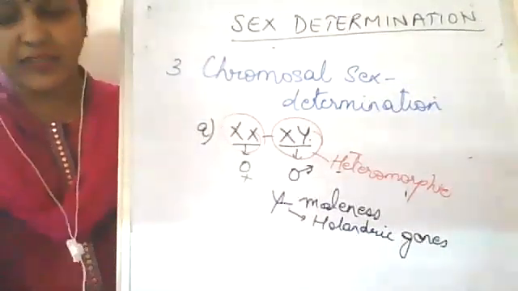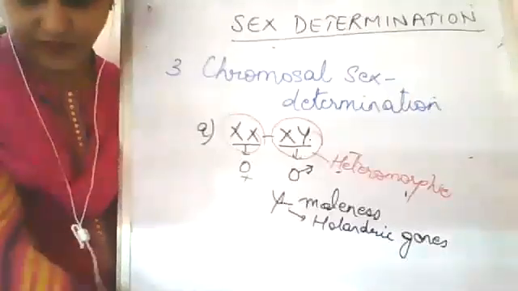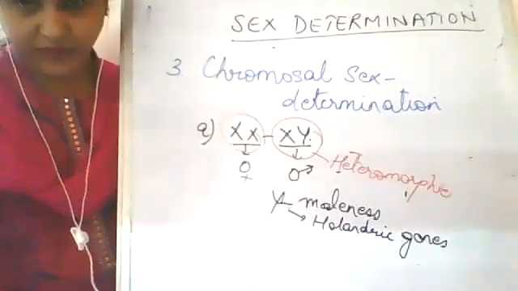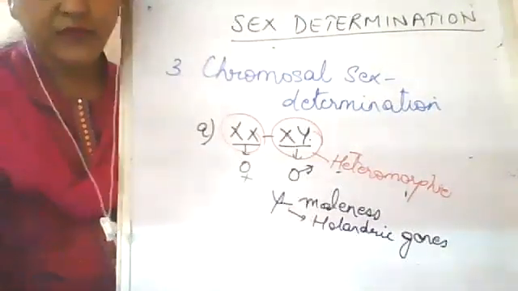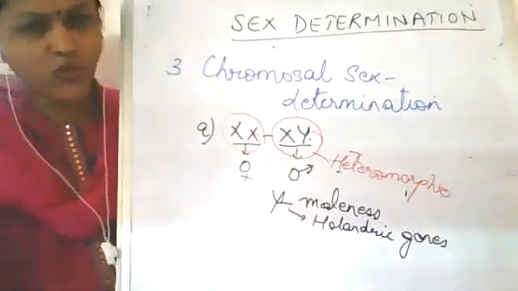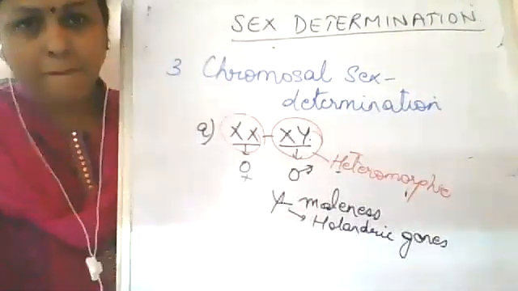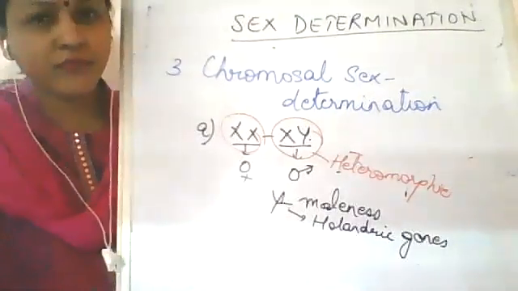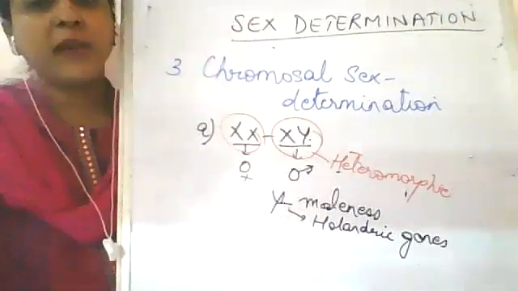Yes, Aditya. Ma'am, it is seen that the Y chromosome is basically derived from the X only. Is that a myth or a fact? Initially it was an X chromosome only, but due to some changes, Y also took its form.